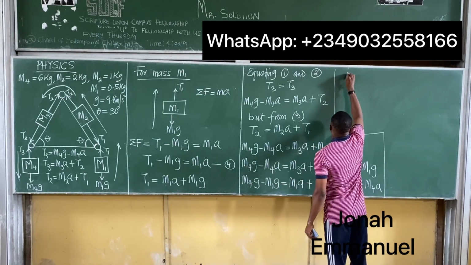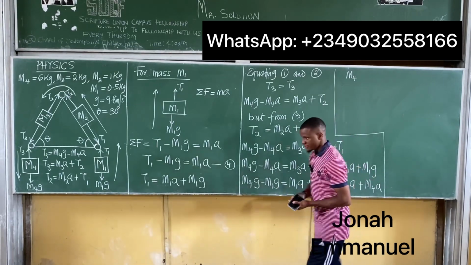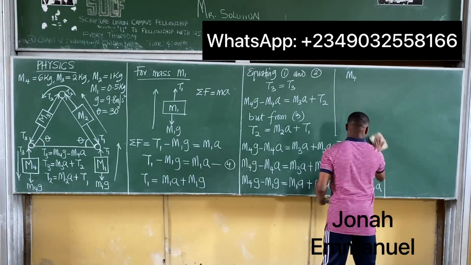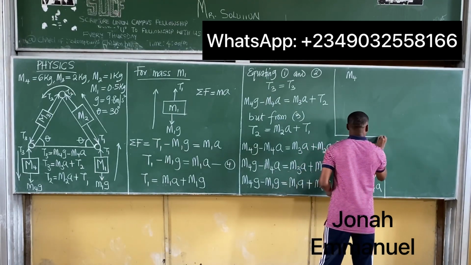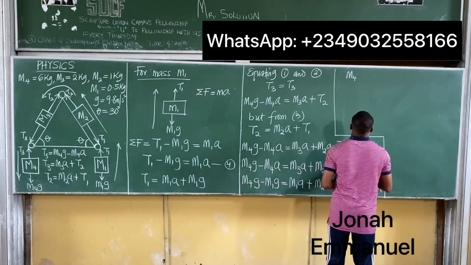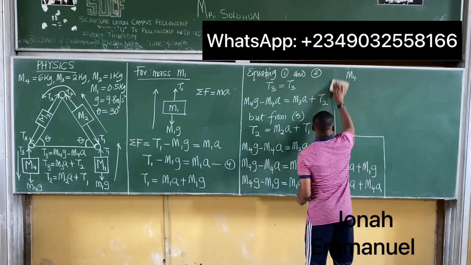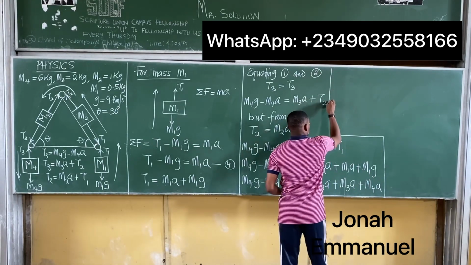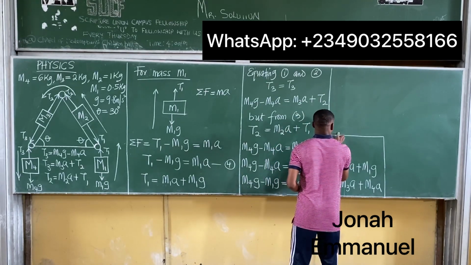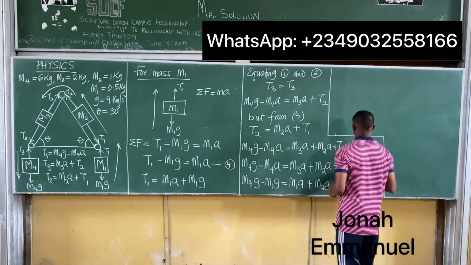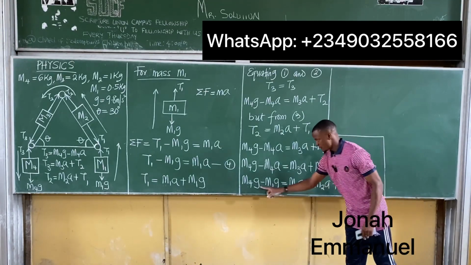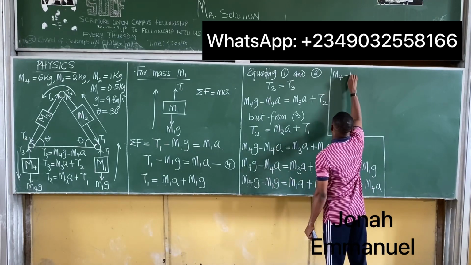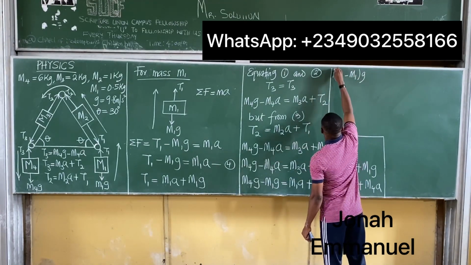So I'm having M4 minus M1 all multiplied by G. So I have this one here.